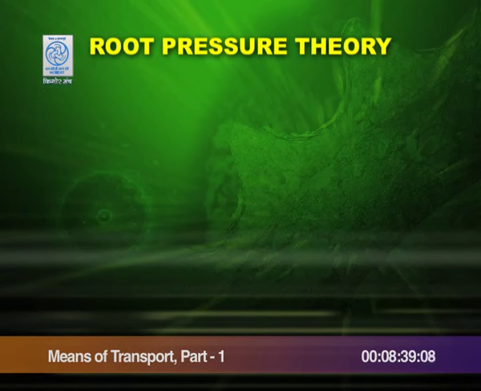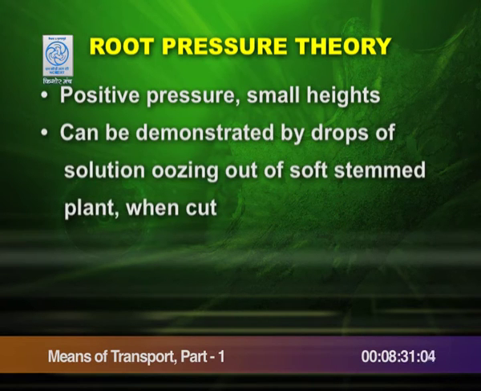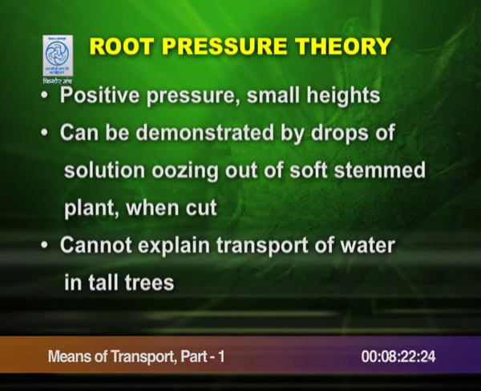This involves positive pressure and the movement of the water molecules to small heights. Now, this can be demonstrated by drops of solution oozing out of a soft stem plant when cut. It cannot explain the transport of water in the tall trees. Root pressure theory can be demonstrated by a simple experiment.